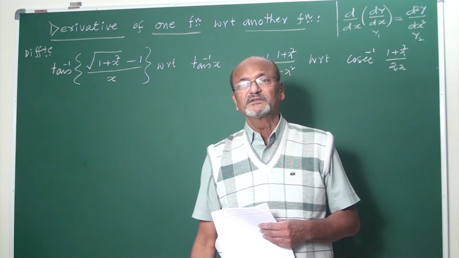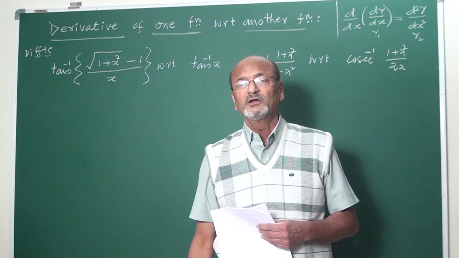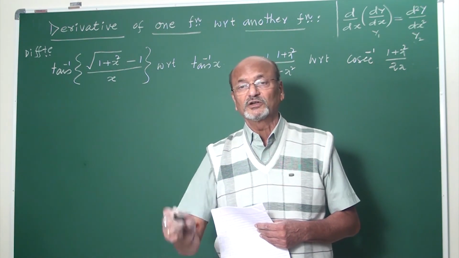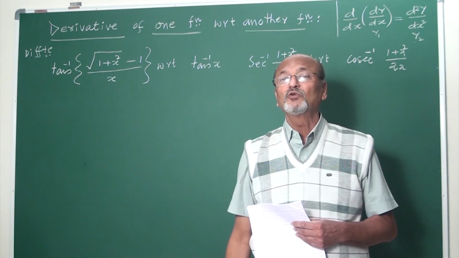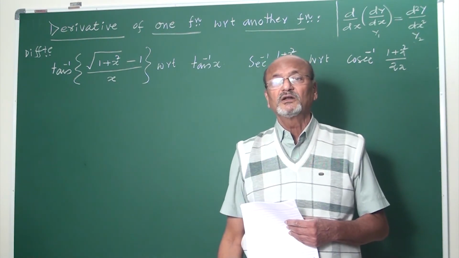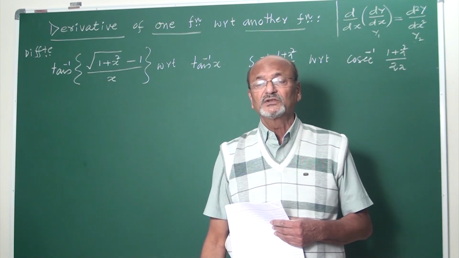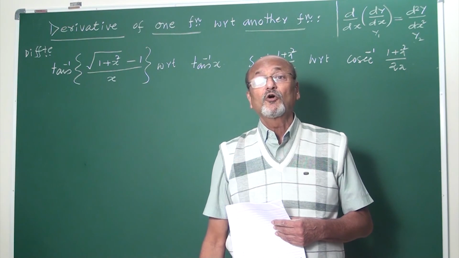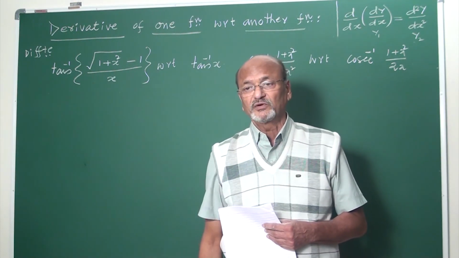Then we have done some examples. f of x minus f of x naught upon x minus x naught as limit x tends to x naught, it is the derivative of a function at a point x equal to x naught. Then we have done one theorem: every differentiable function is continuous, but the converse is not true. That is also very important under 3-mark questions, my friends.